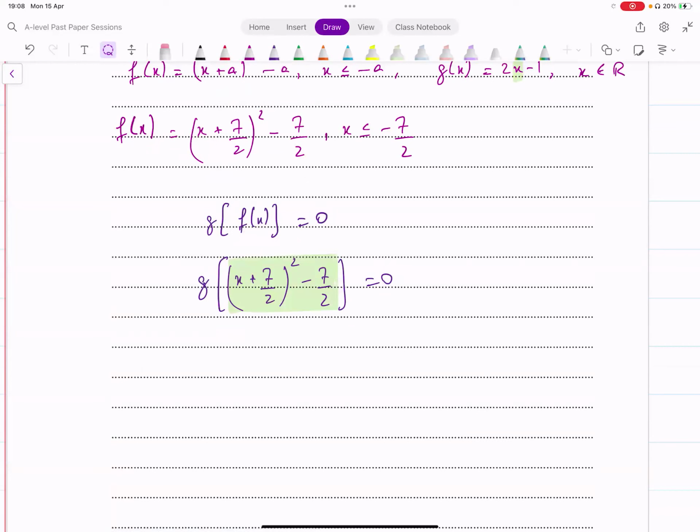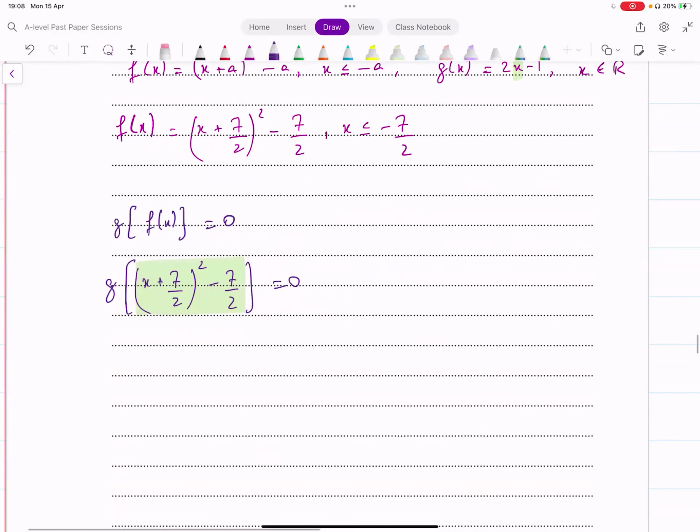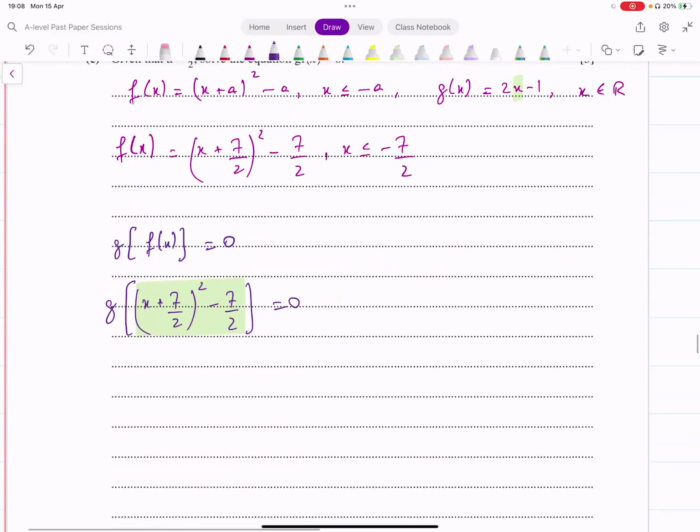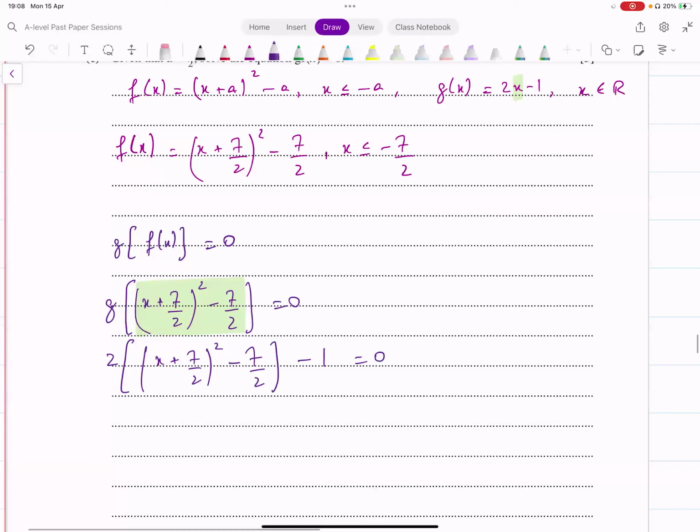Now, what do you get from this? 2 into (x + 7/2)² minus 7/2, minus 1 equal to 0. This is the equation that we need to solve now and find the values of x.